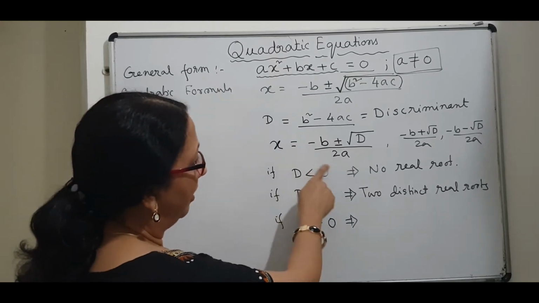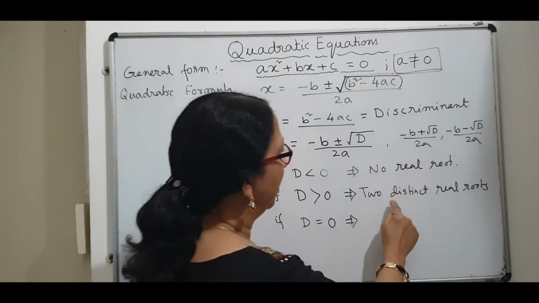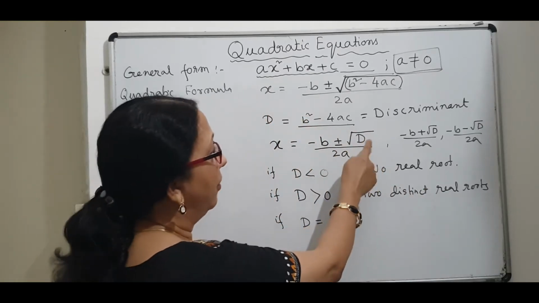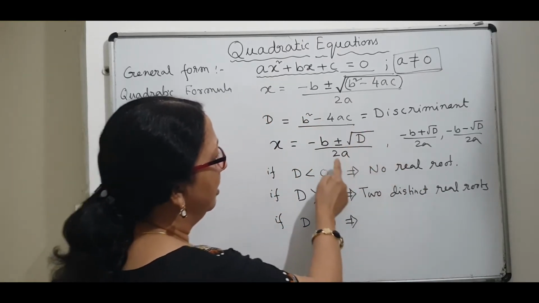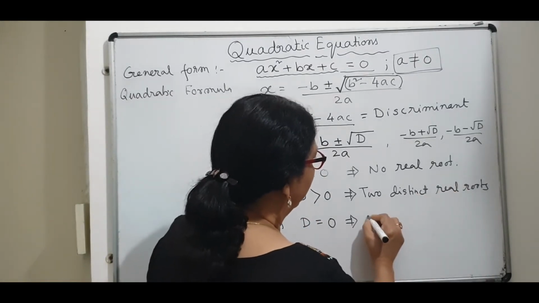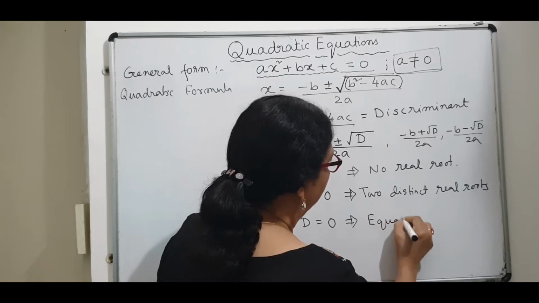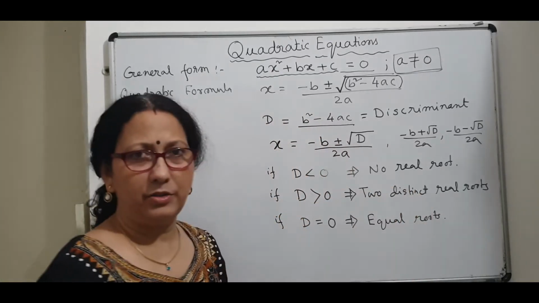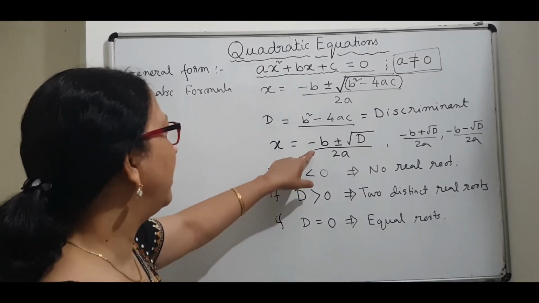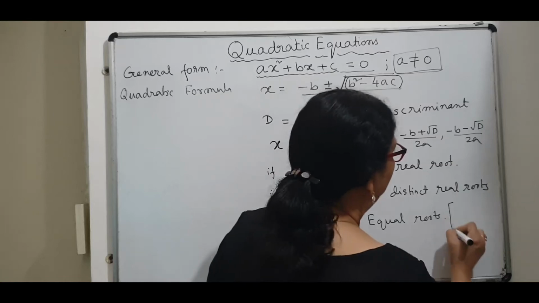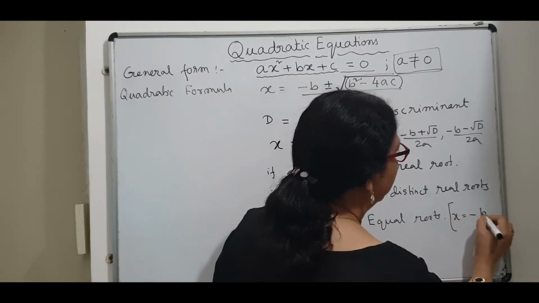Since we were getting two distinct roots because of the plus minus root D, when this term is not there, the roots will be equal. We get equal roots, or only one value, x equal to minus b upon 2a.